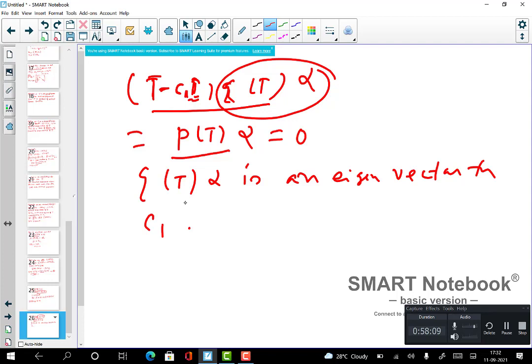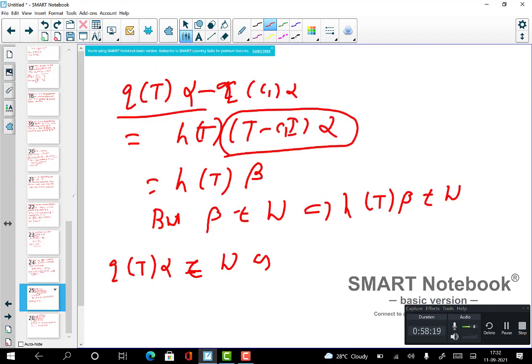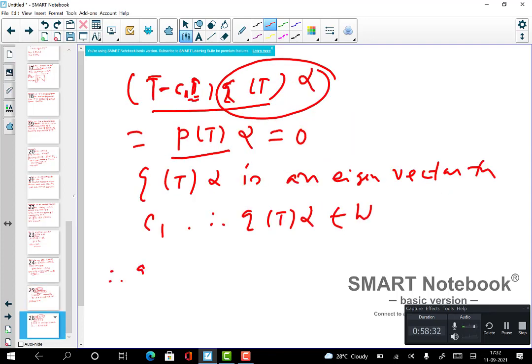So q(T) of alpha is an element of W. That means in this equation, the right hand side is an element of W, and only this part is left; linearity tells you that this has to be an element of W. Thus q(c1) of alpha is an element of W.